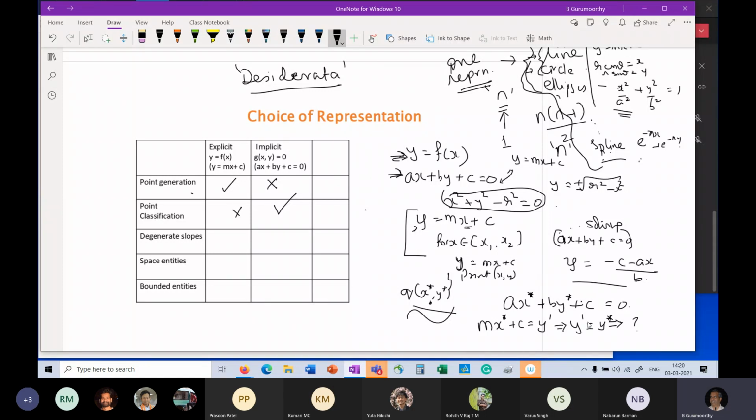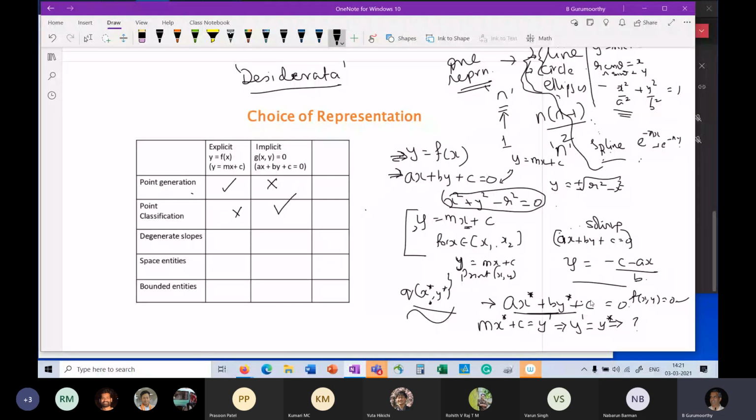And mind you, this answer that we have chosen is good no matter what the entity is. As long as the representation remains like this, your answer is correct: for all point classification, implicit form is bang on. It doesn't matter what the form of that function is. As long as it is f of x,y equal to 0, your answer is right.